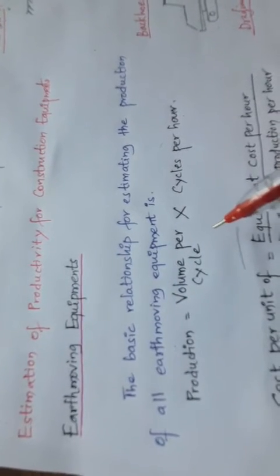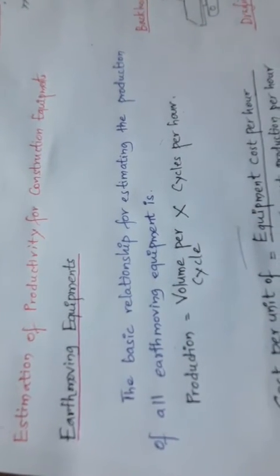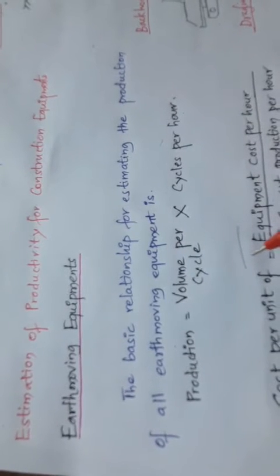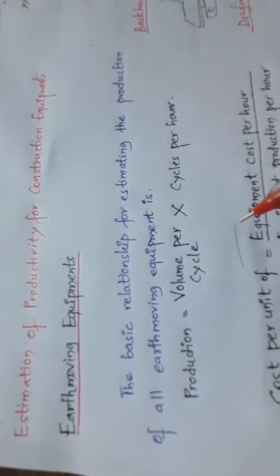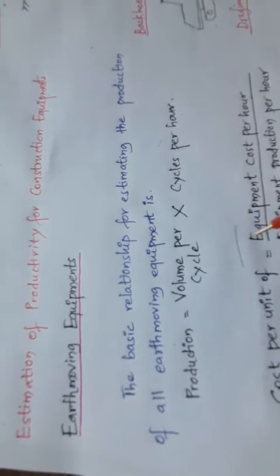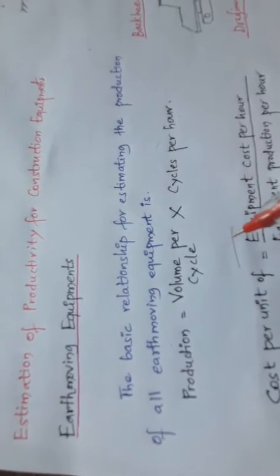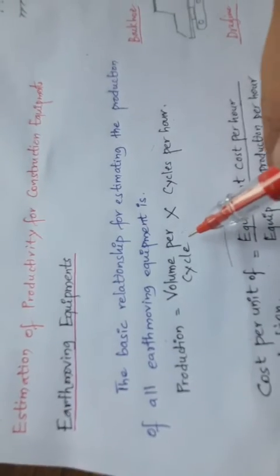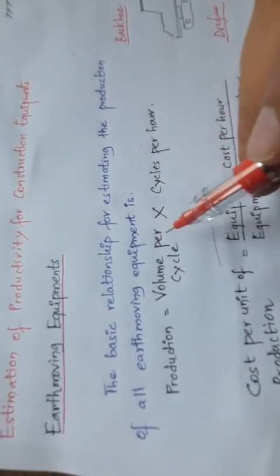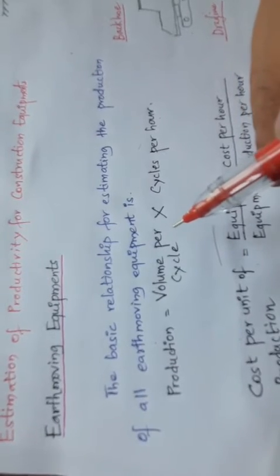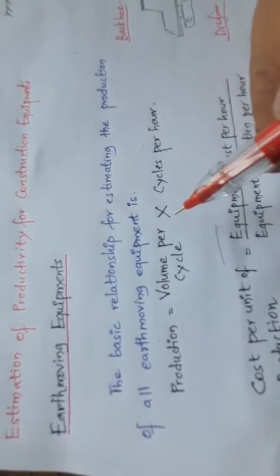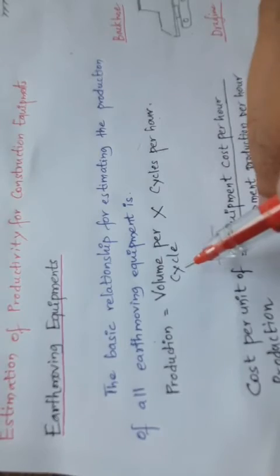The nominal capacity of the excavator or any hauling unit must be modified by a fill factor based on the type of material or equipment involved. That is volume per cycle. I will repeat it once again: volume per cycle represents the average volume of material moved per equipment cycle.